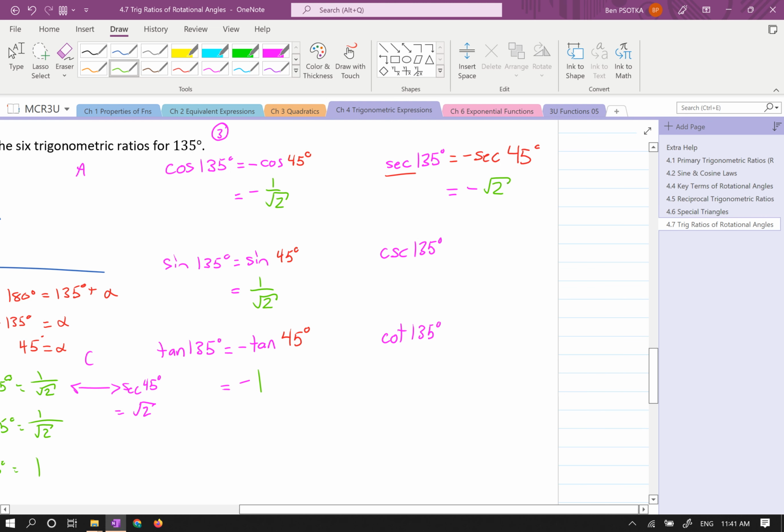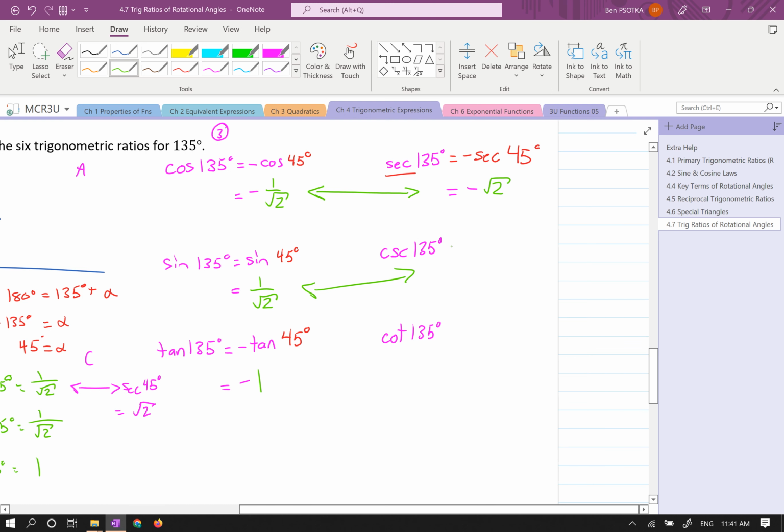Good. But I don't need to go through and show all of that work, because I know my secant ratio is going to be the reciprocal of my cosine ratio. So I can skip a step in here. I don't need to state this line every time if I'm working with reciprocal angles and I've already found my primary ratios. So here I found my primary ratio. My sine of 135 degrees is 1 over root 2.